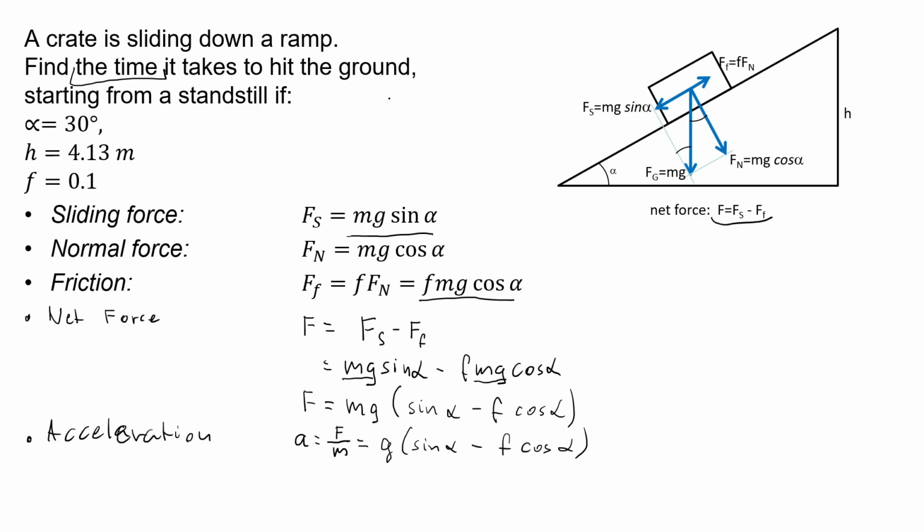The time it takes to hit the ground, we know this height, 4.13 meters, because we don't know anything else about its position within the ramp. We have to assume, because otherwise this exercise couldn't be solved, that our crate initially was somewhere here, on top of this inclined plane, so at the height h above the ground.